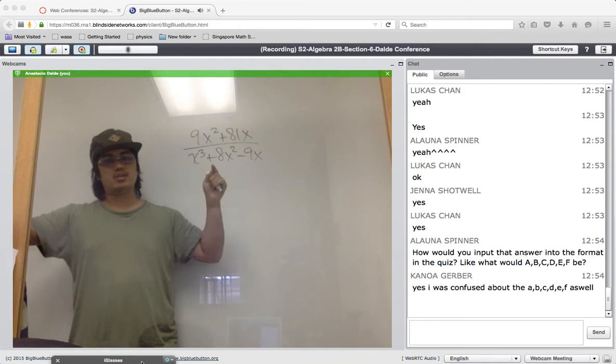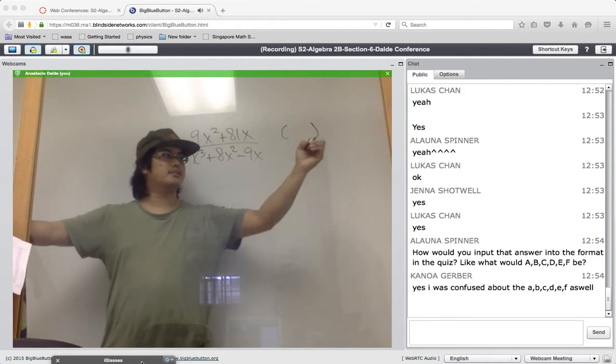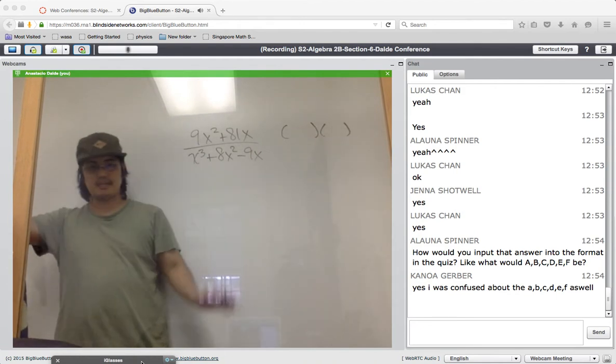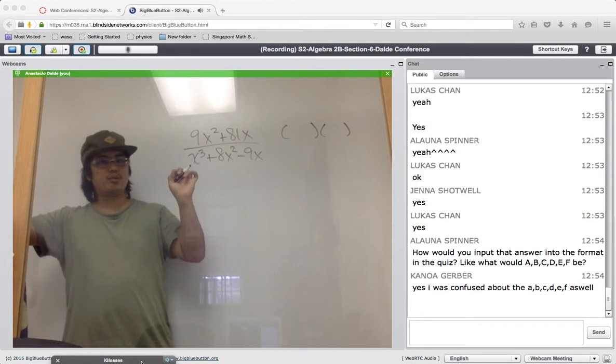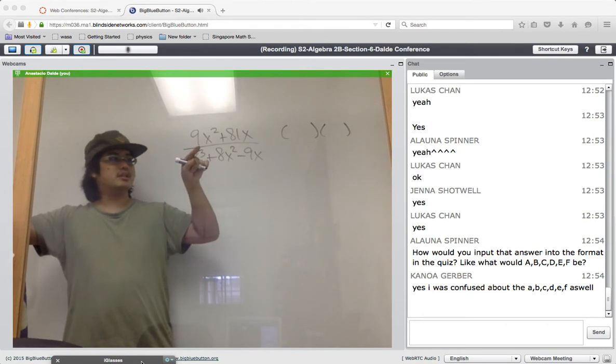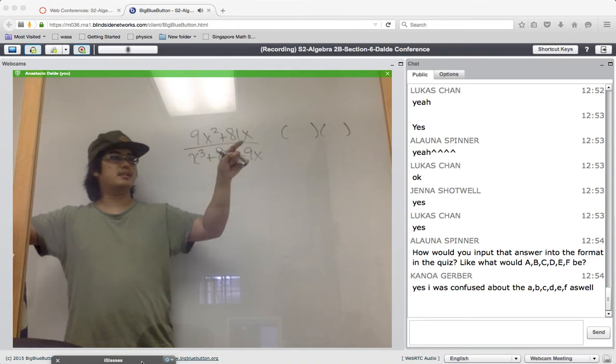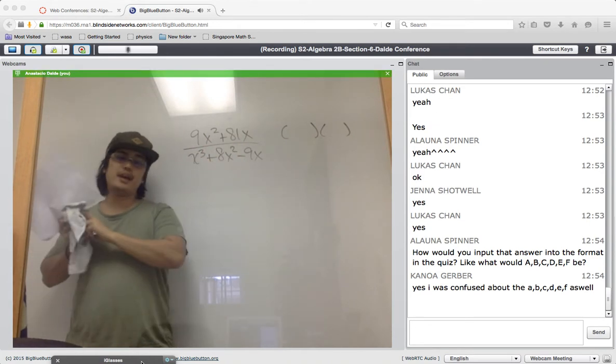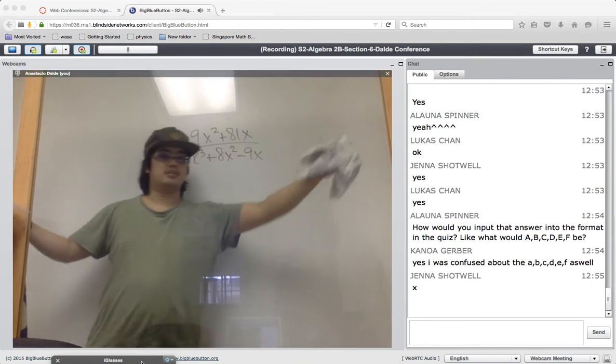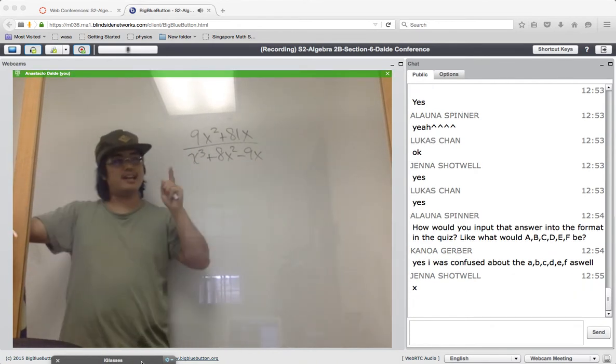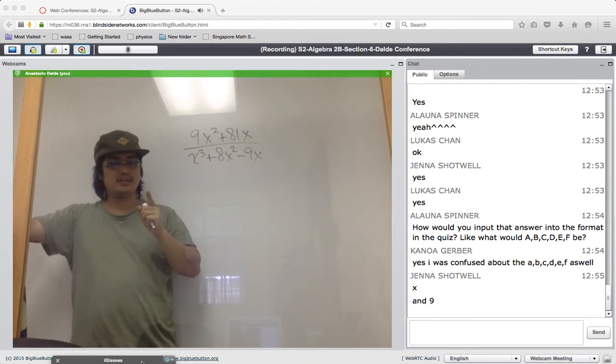Before I start trying to factor something like this, I ask myself, is there something that is in both this term and that term? Can I factor out? I can factor out at least an x, I agree, and a 9.